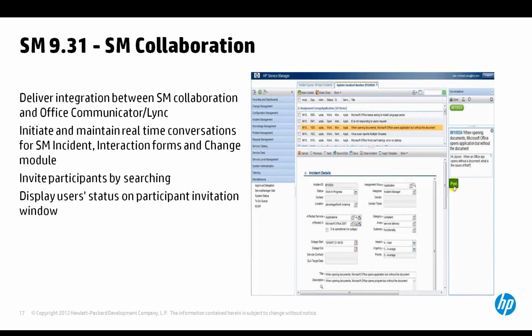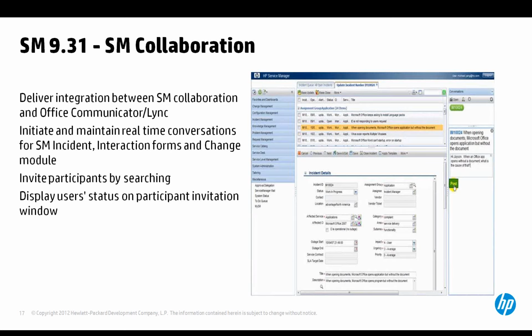We continue to have the same interesting feature: when you open a change or an incident and you want to open a collaboration with someone in the service desk, the system will propose some suggested participants based on the service ownership, the CI ownership, and the assignment groups.